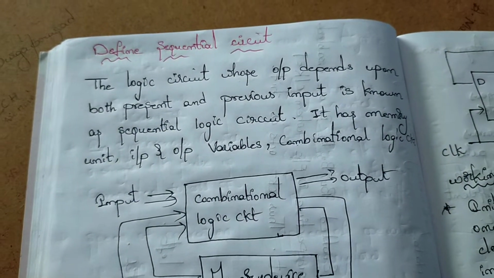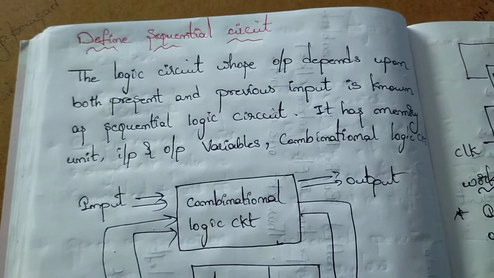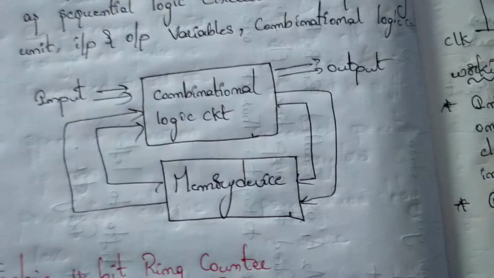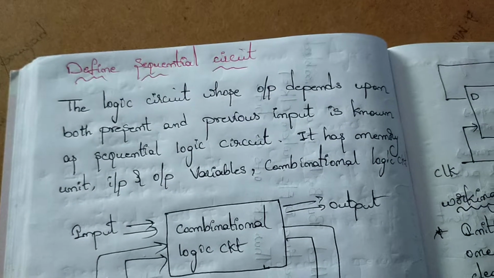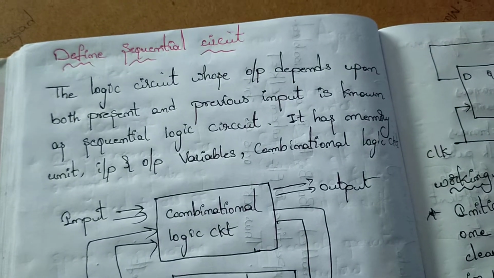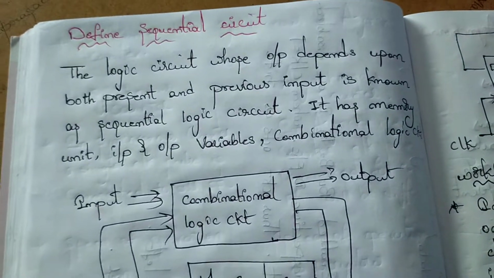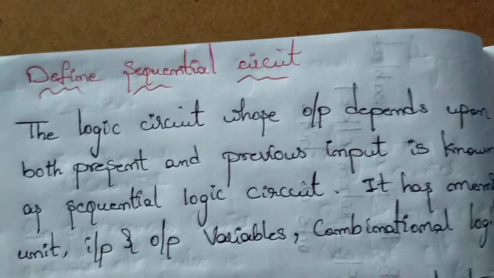But the basic difference between combinational and sequential circuits is that a sequential circuit requires a memory device to store some bits of data. So now we have to know what it has to store and what is the need of storage in sequential circuits.